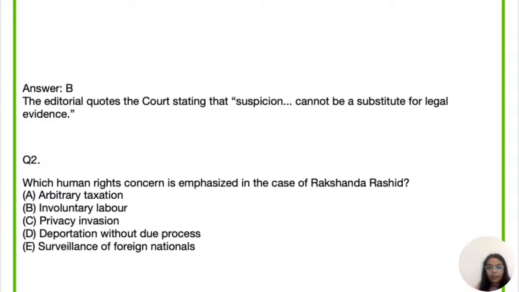ये तो easy है. Yeah, D is the answer. Deportation without due process.